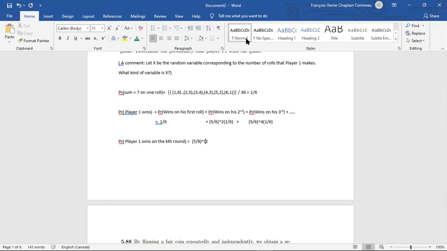So 2 times, and I'll write it, k minus 1 failures, right? So k minus 1 represents all the previous rounds. Both players, they each failed k minus 1 times. And then on the first toss of the kth round, we had a success.